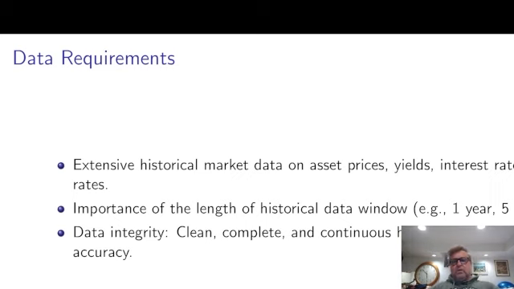We need a significant amount of time horizon going backwards so that we have enough samples to have a meaningful distribution. And here it's even more important than before. The data integrity is very important. And it's also important that it's clean, that it's complete, that we don't have gaps. And individual outliers can have a huge impact because it basically has a direct impact on the portfolio value in one of the scenarios.